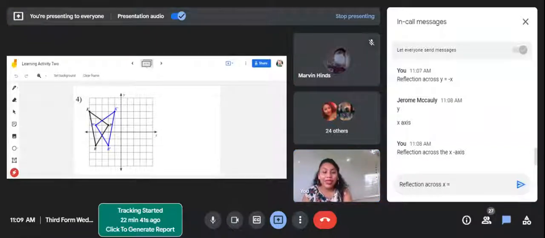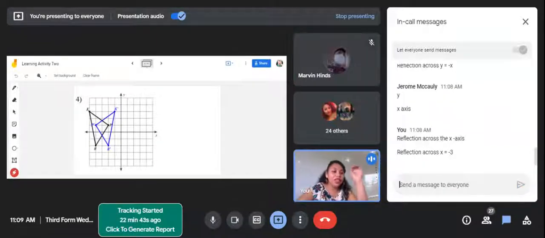Negative 3. Very good. So that one is going to be a reflection across x is equal to -3, because this one right here is the x-axis, and this reflection is happening on this line, x is equal to -3.